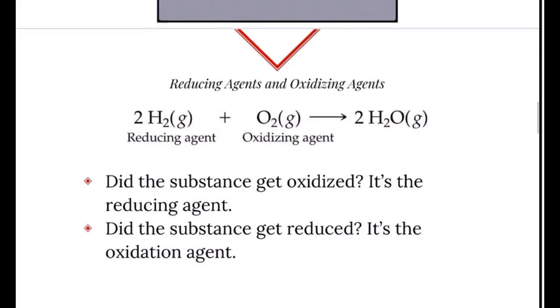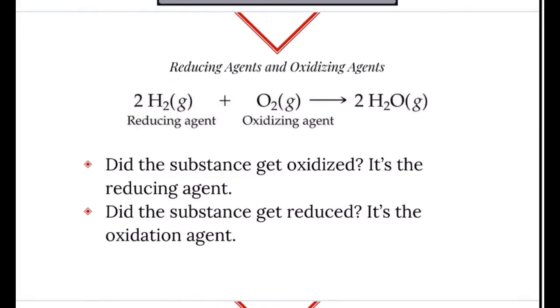Another term that we're going to see is reducing agents and oxidizing agents. The reducing agent is the substance that gets oxidized because it's reducing the other substance. The oxidizing agent is the substance that's getting reduced because it's oxidizing the other substance. If hydrogen is the reducing agent, then what's getting reduced?